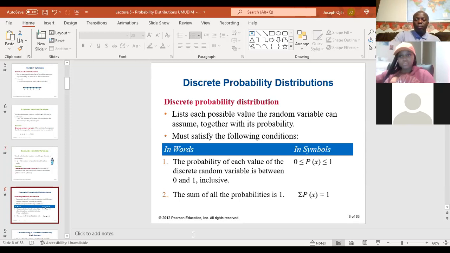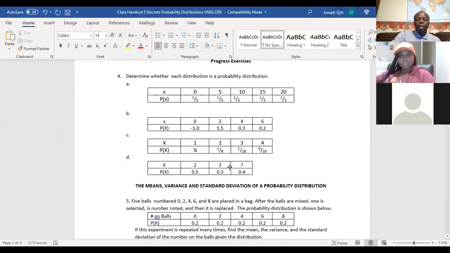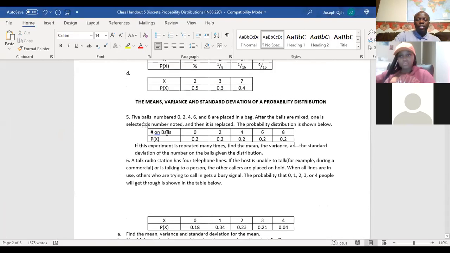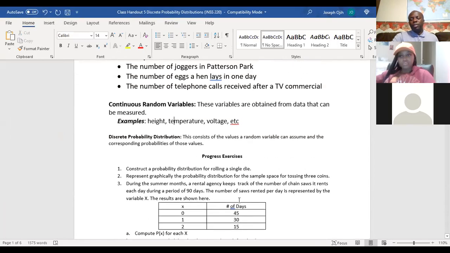So I'll show you my examples from here. Each value and its corresponding probability. If you look at this here, you can see the number of balls we have and the corresponding probabilities. So the values each of them can take and their corresponding probabilities is what makes them a discrete probability distribution.